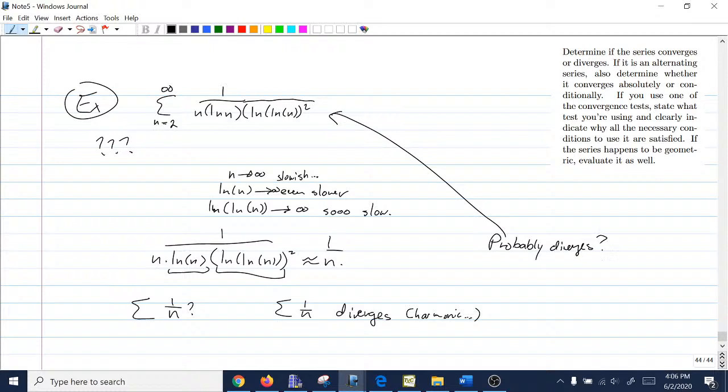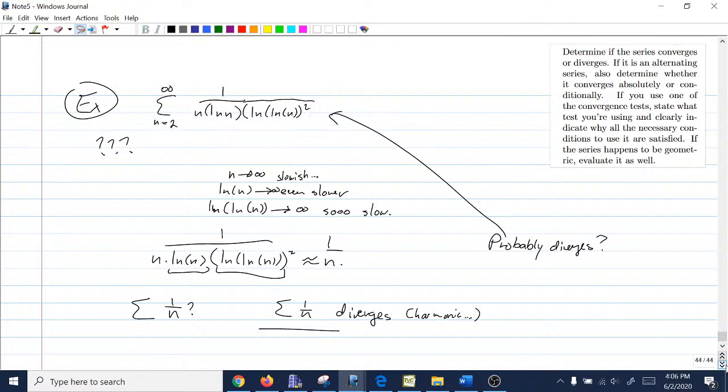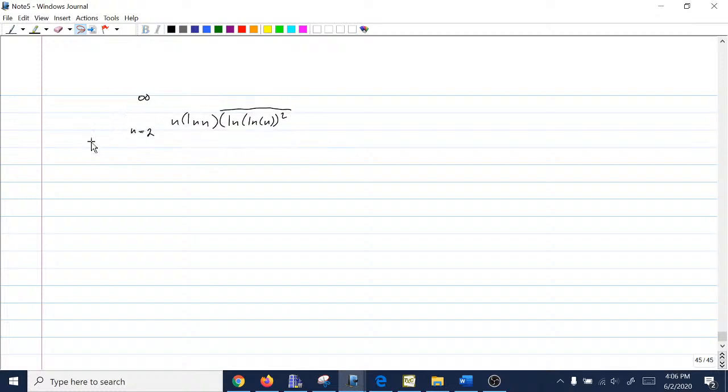It might be reasonable to try some kind of comparison test with 1 over n. Can I do the easy comparison tests? The easier one is direct comparison. I'm operating under the assumption that it's going to turn out to diverge, because I'm thinking it's about as big as 1 over n.